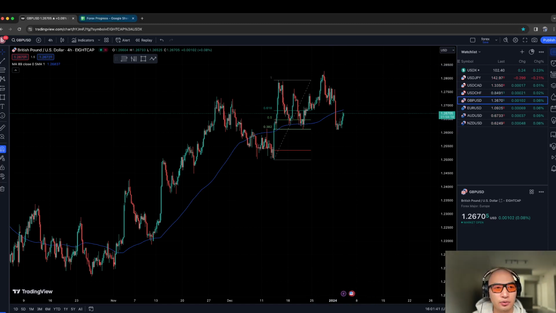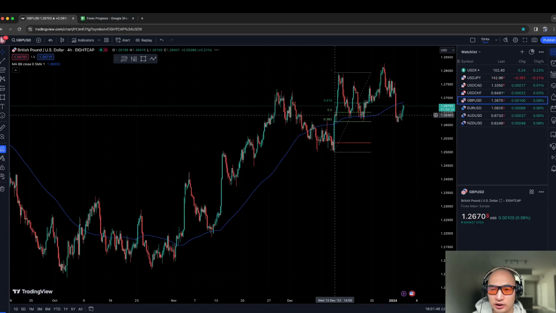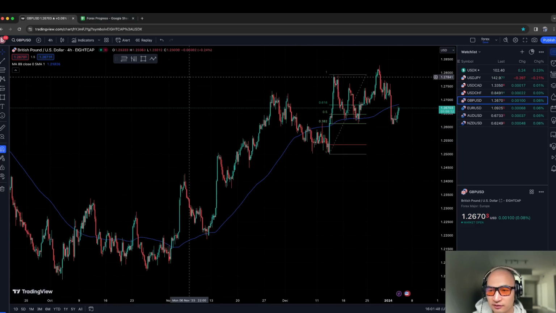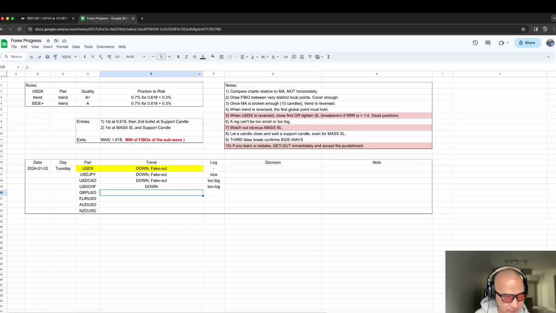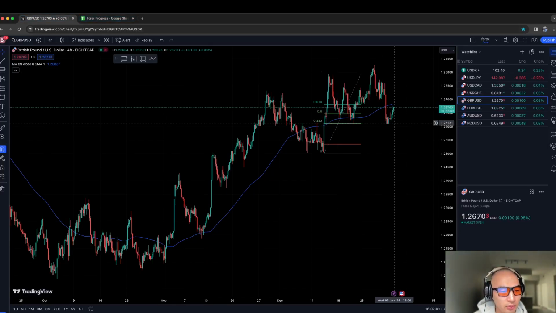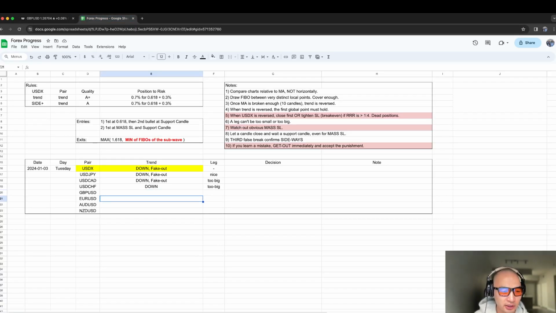So here, pound USD, the last directional wave is not too big, not too small. It's nice. After that, retracement waves are continuing. At this point it is still not 10 candles. So pound USD trend is up, meaning that USD is weakening against the pound. It was still a fake out phase, but it was 9 candles, almost 10 candles.